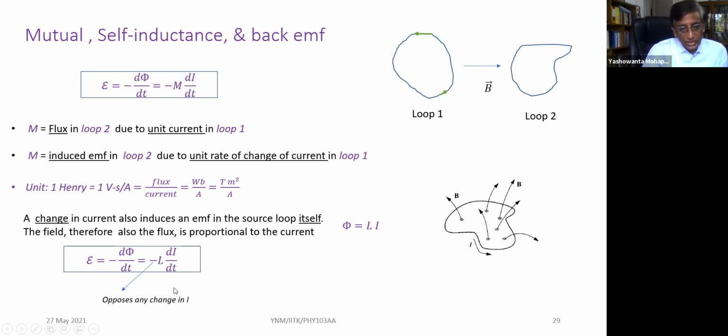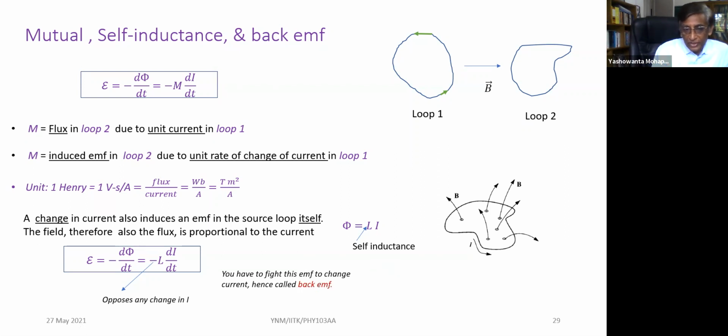It doesn't like a change in current, exactly like Lenz's law, where it doesn't like the flux to change, and hence it doesn't like a change in current either. That is why it is called back EMF. You have to fight this EMF to change current in any loop, in any circuit.